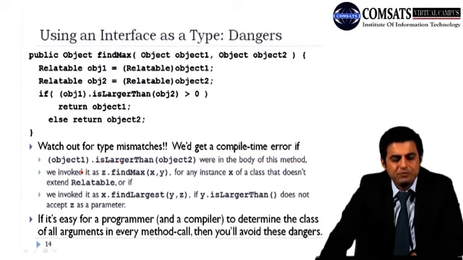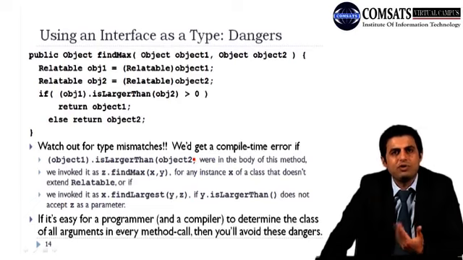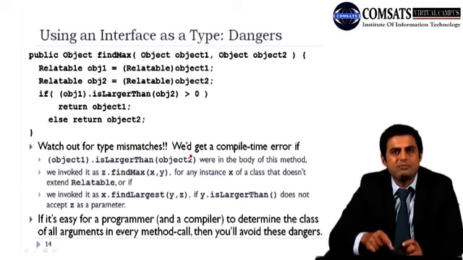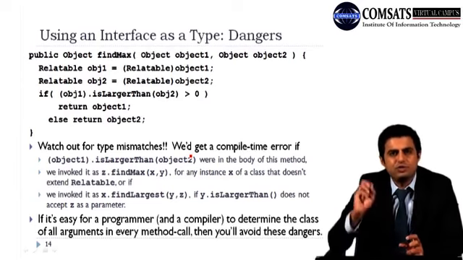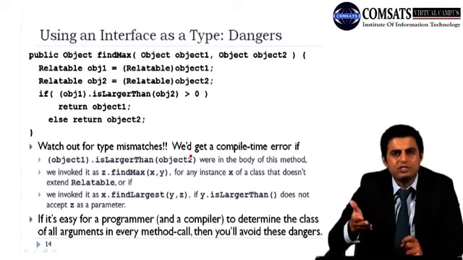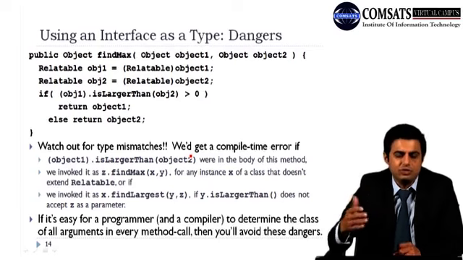If this method is not part of the class which is implementing the interface, then of course there is going to be a compiler error, because the compiler won't be able to understand what kind of relationship you are going to implement here. If the class is not implementing the interface, then the method is not there, and the compiler will throw an exception. So to avoid this kind of exception, you can have an exception handler in your code.